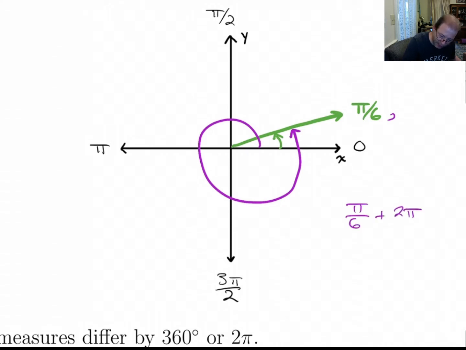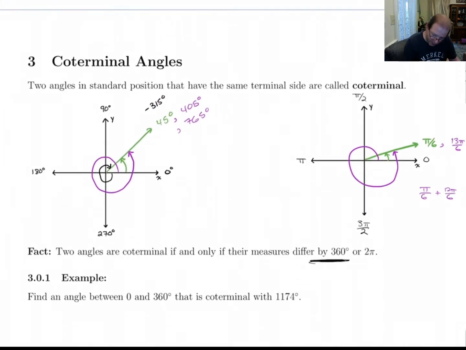Of course, 2 pi is 12 pi over 6. So this could be 13 pi over 6. So these angles have a lot of different names for the angle that has the same terminal side. Here's the important thing. Two angles are coterminal if and only if their measures differ by 360 degrees or by 2 pi radians. Notice radians are unitless. That's why I don't have to put radians in there. You just say 2 pi.